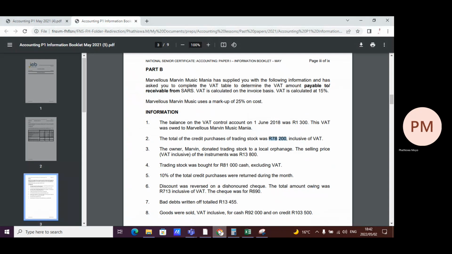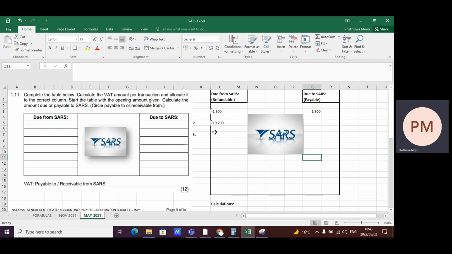Okay, trading stock was bought for 81,000 cash, excluding VAT. You should know how to calculate that by now. Let's take this here.